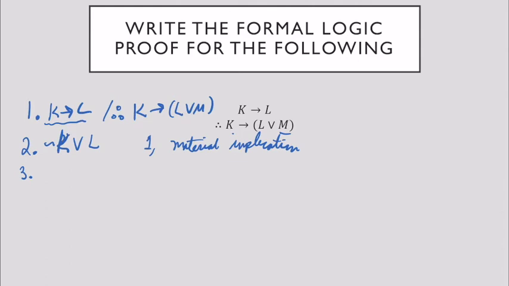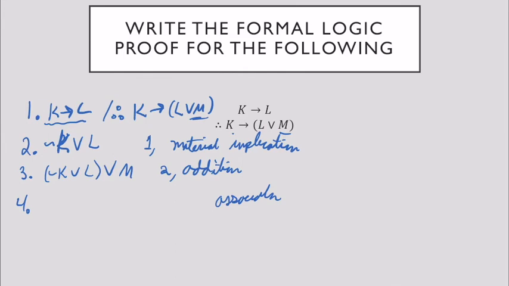So I have not K or L or M. We're getting a little bit closer. Now I can use association to redistribute. So I've got, for row 4, not K or (L or M).